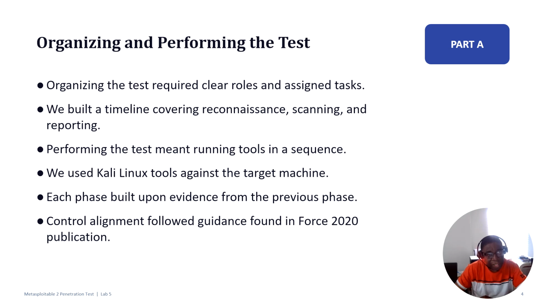This kind of phased approach helped me stay organized and make sure I wasn't skipping steps. I also tried to keep my process aligned with the control guidelines from FISMA 2020, particularly around documenting and managing changes as I tested.